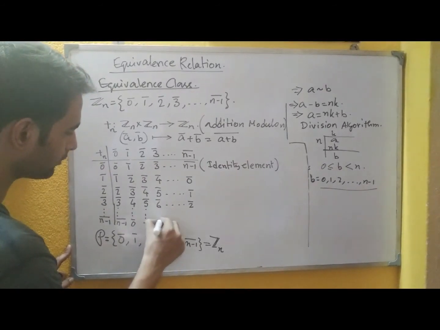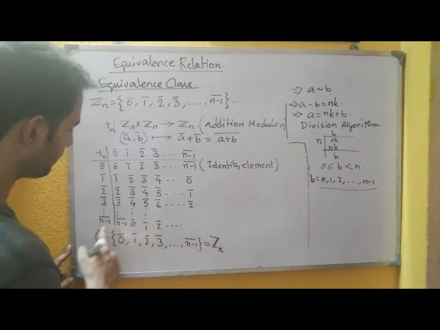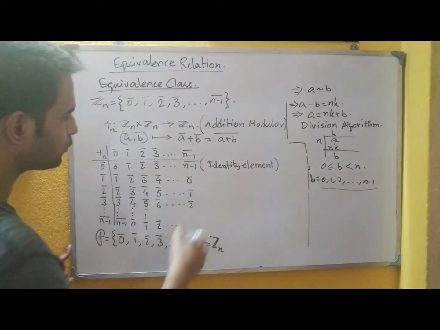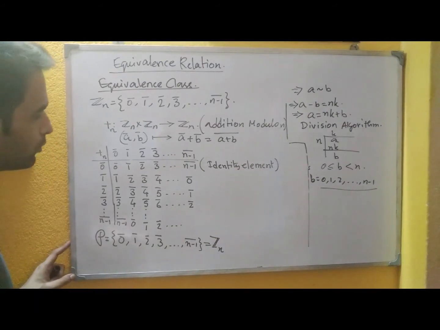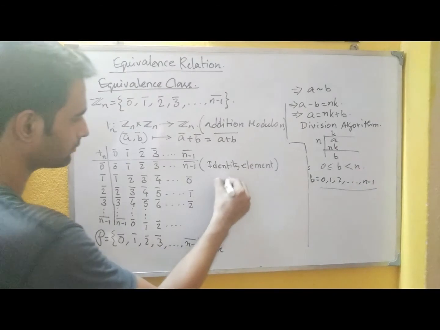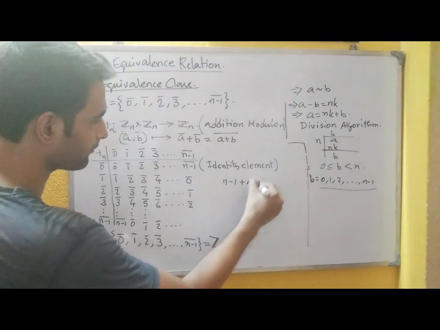And similarly here it is 2 plus, and in the last n minus 1 plus n minus 1, that means 2n minus 2, that means 2n is 0, so we write it here.